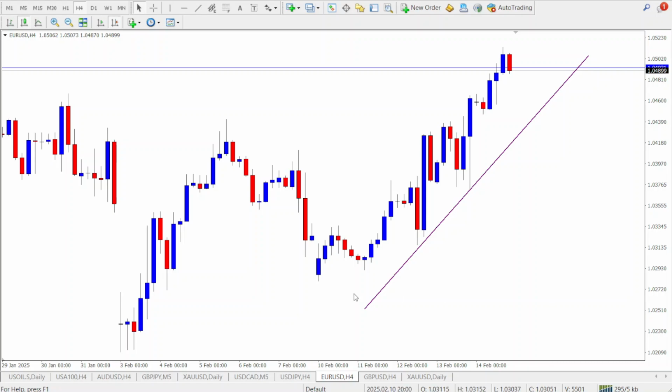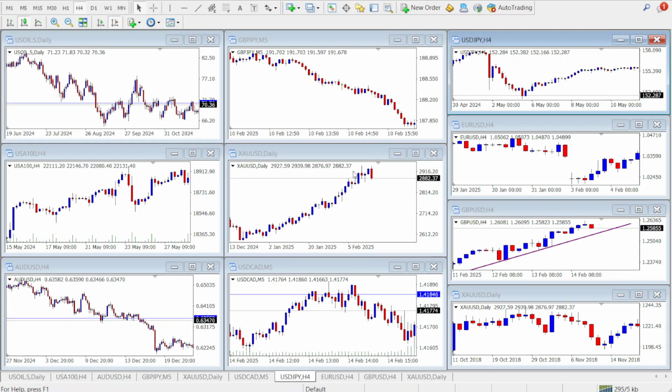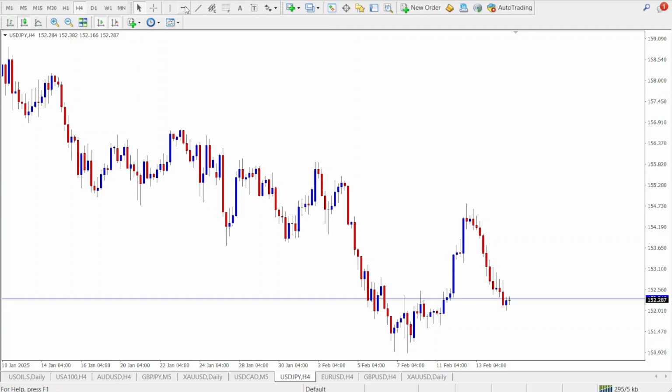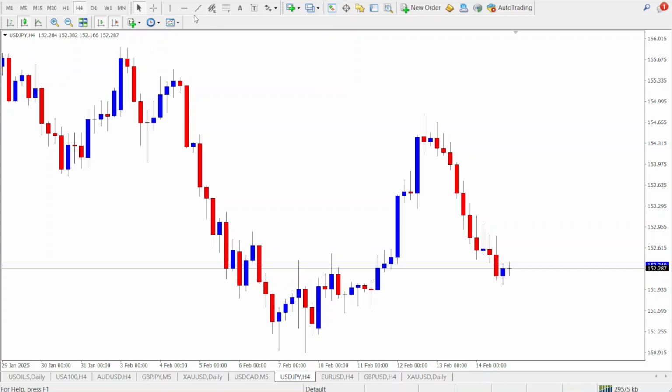Then for negative correlation, it is when two currency pairs move in opposite directions. That is, if one pair rises, the other will fall. For example, what we see happening between Euro USD and USD JPY, right?